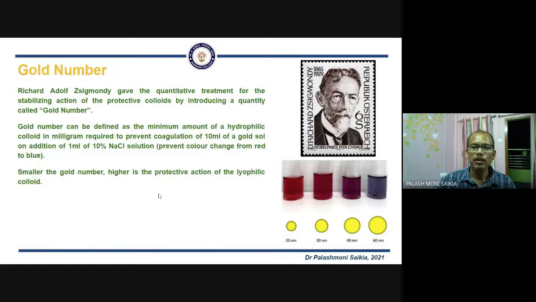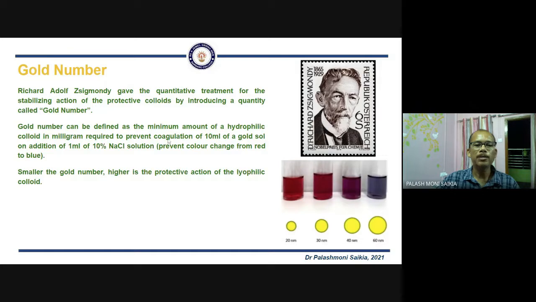Okay, let us come to the quantitative aspect of coagulation, and that is called gold number. This was introduced by Zsigmondy.